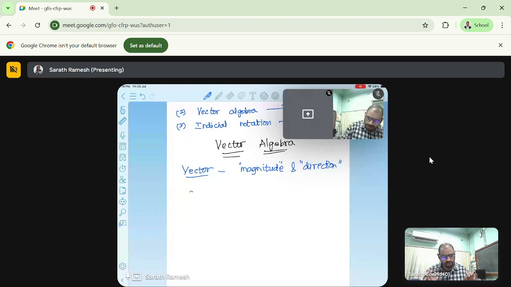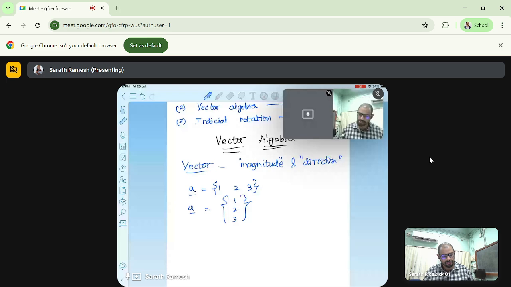This is also a vector representation, or I can simply use a directed line segment. In this course of mechanics of material, when we say a vector, we mean a directed line segment.